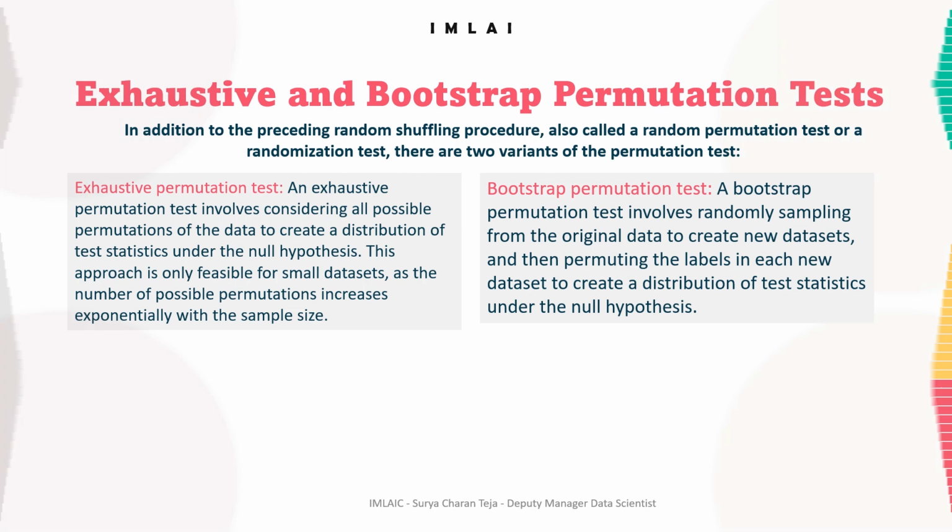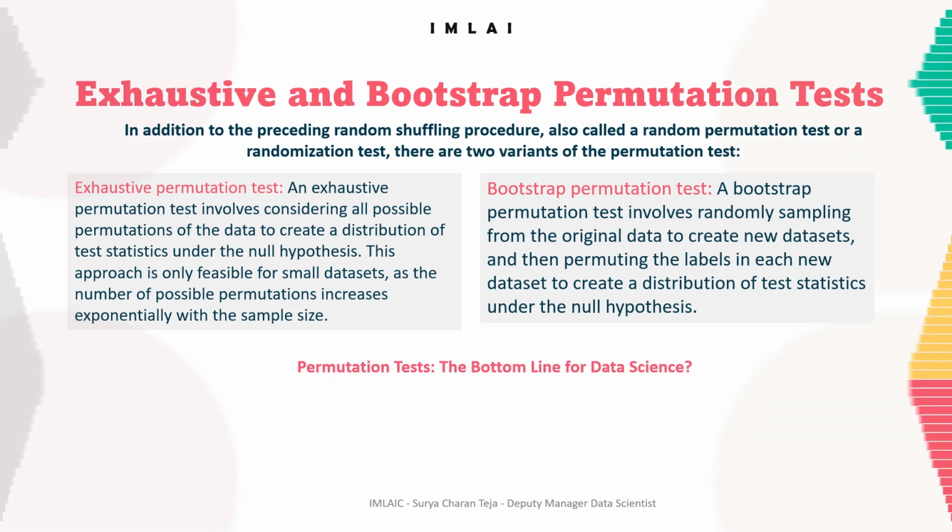Now the next question that arises in our mind is: what is the bottom line for data scientists? At the end of the day, whatever I teach, what a data scientist will get from it is my main agenda. If there is nothing to be gained from the respective domain, then there is no point in teaching that topic itself. So what is the bottom line for the data scientist from permutation tests?